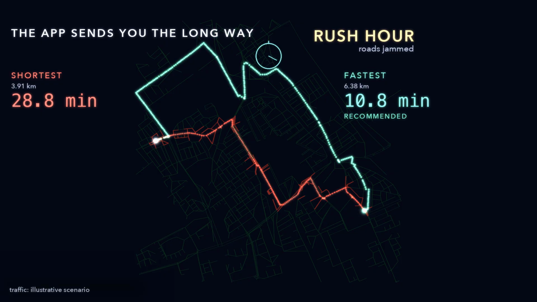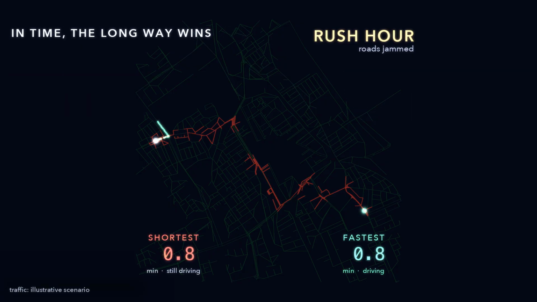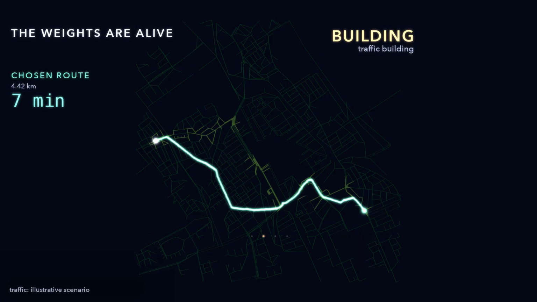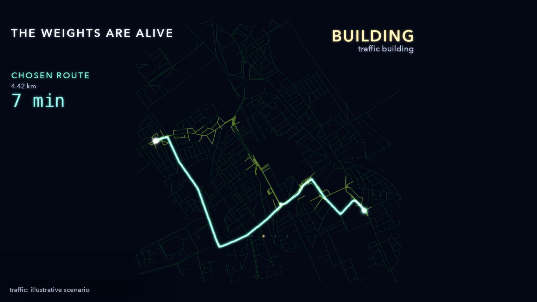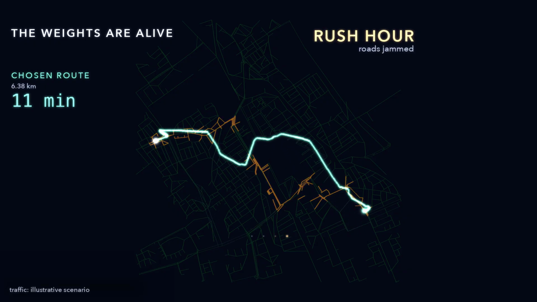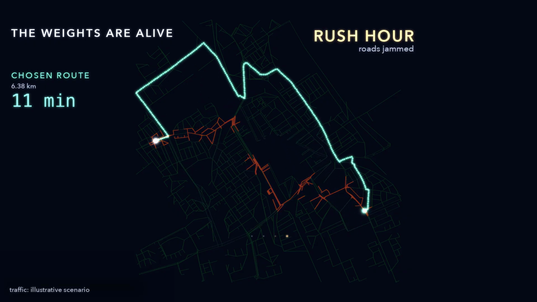And this route is longer, more kilometers, but it's moving. So the app sends you the long way. And it feels wrong. You can see on the map that it's telling you to drive farther, but it's counting time, not distance, and in time the long way wins. This is the whole reason the app replans as traffic shifts through the day. The map is the same, but the weights are alive.